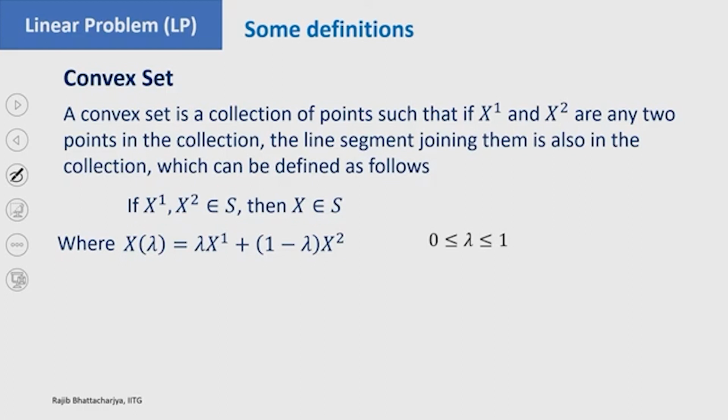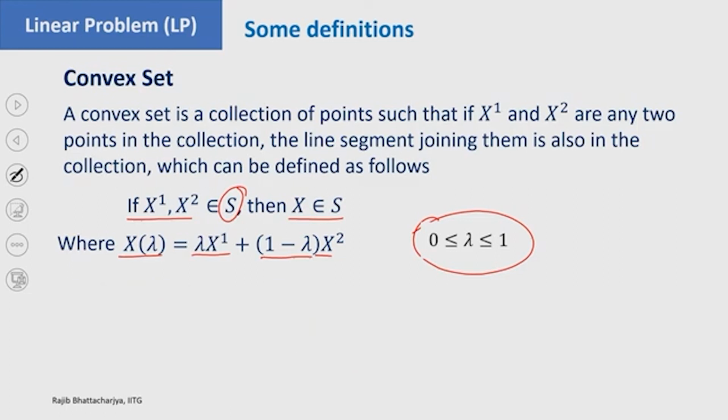This can be defined as: if x 1 and x 2 are in the collection S, then x lambda, that is lambda x 1 plus 1 minus lambda x 2, is also in that particular collection, where lambda is between 0 and 1.